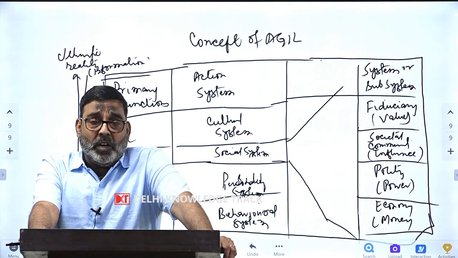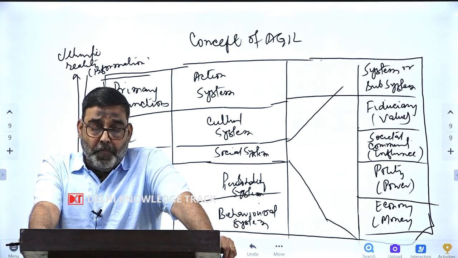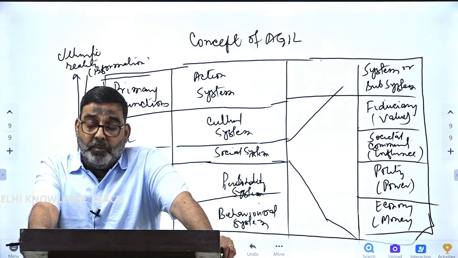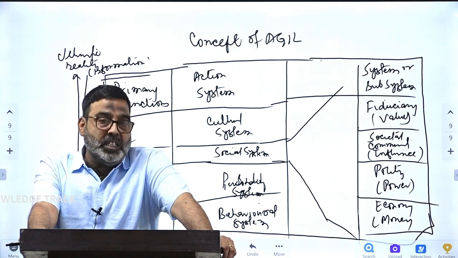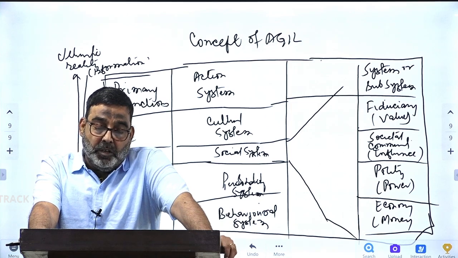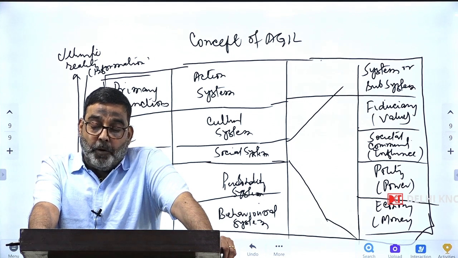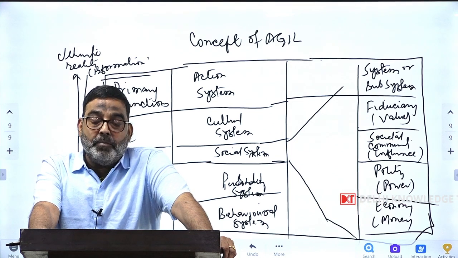And what are the works which Parsons has taken reference of? Parsons' pattern variable can be kind of Ferdinand Tönnies' Gemeinschaft and Gesellschaft, community and association, pre-modern, modern. Max Weber's ideal type of authority related to tradition and modernity.